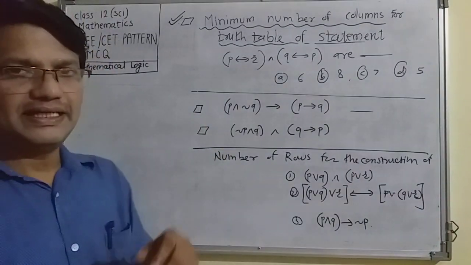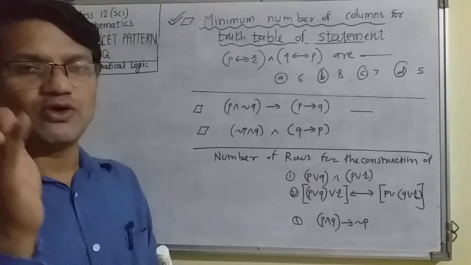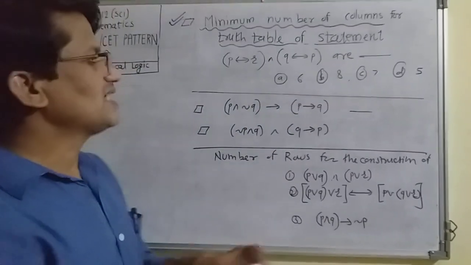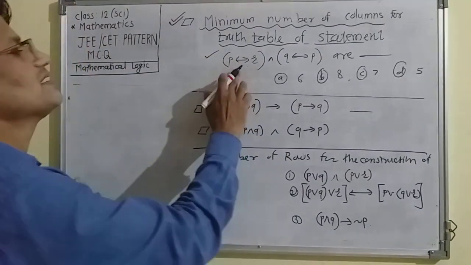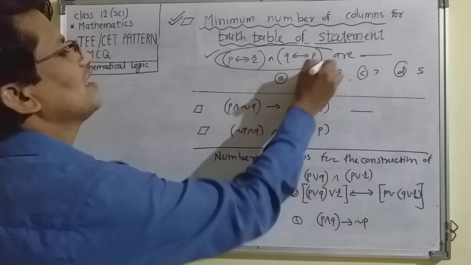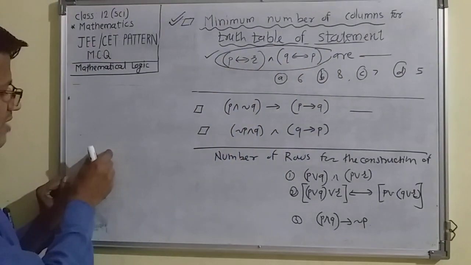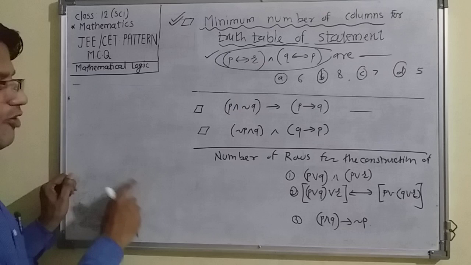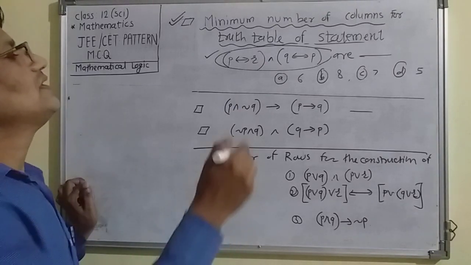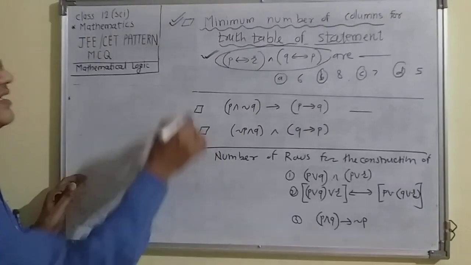But in this, how many rows and how many columns are there? The question is like this: minimum number of columns for the construction of this statement pattern. How many columns are there, and how can we decide it? So I am giving a shortcut method.